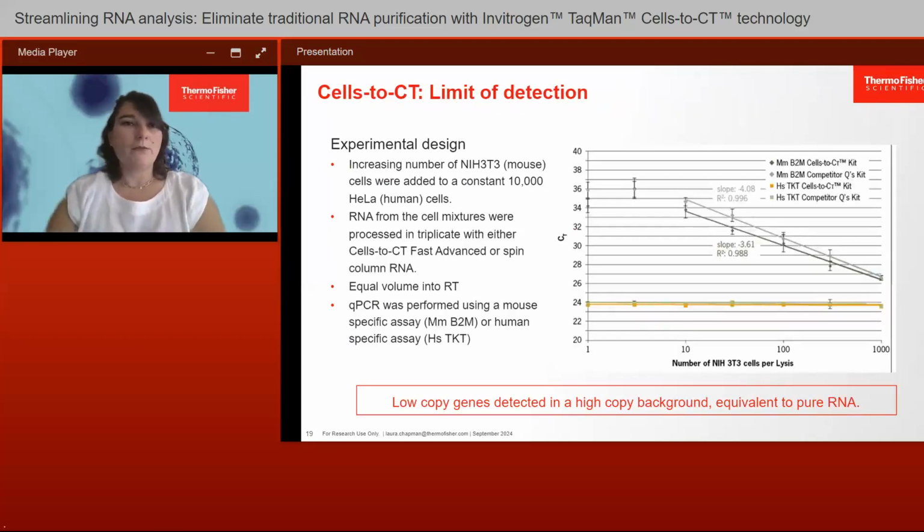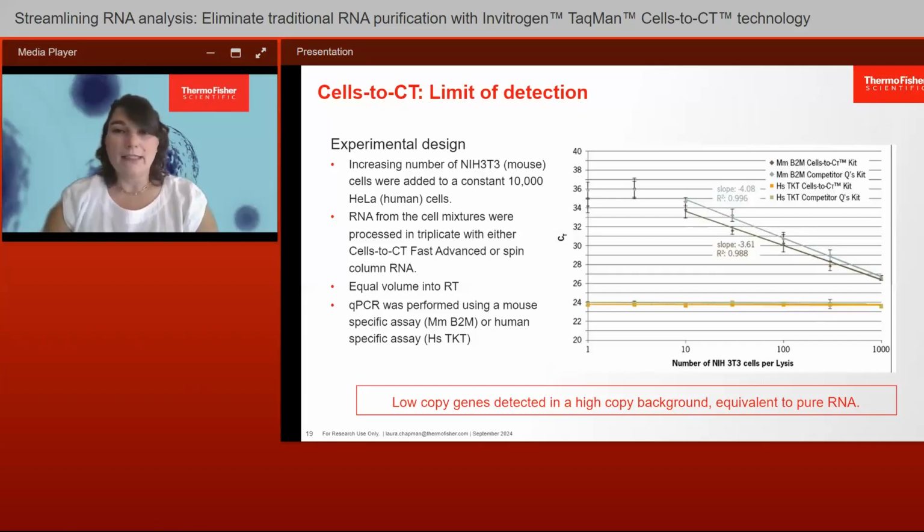The next thing we wanted to do was to confirm that with cells-to-Ct, you're able to detect low copy genes in a background of high expressing genes. The way that we tested this was we spiked in an increasing number of NIH3T3 or mouse cells into a constant number of HeLa or human cells.